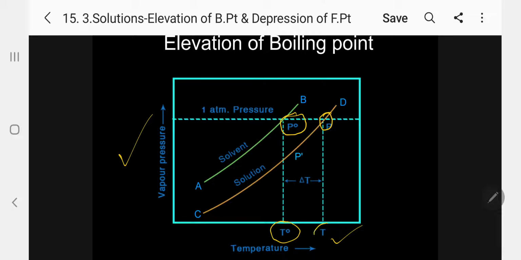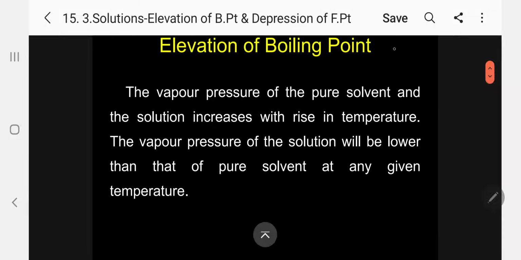The temperature is increasing, boiling point also increasing, whereas the vapor pressure is decreasing. This is called elevation of boiling point.